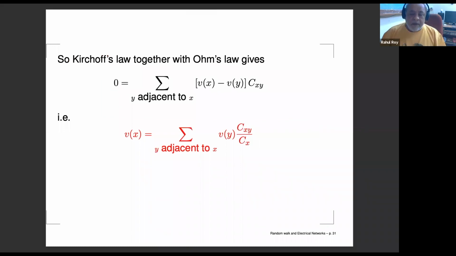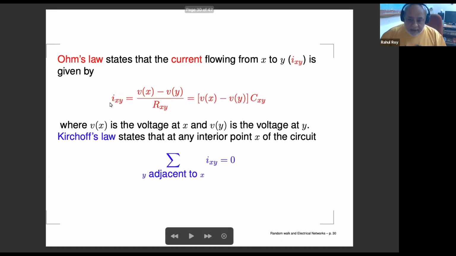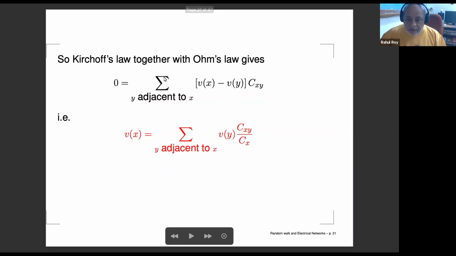Okay. So Kirchhoff's law together with Ohm's law now gives, just see this, Ixy equals this quantity, and the sum of Ixy equals 0. Therefore, the sum over y adjacent to x of this quantity, which was Ixy, equals 0. Or in other words, because this sum is only over y, there's nothing special about Vx.